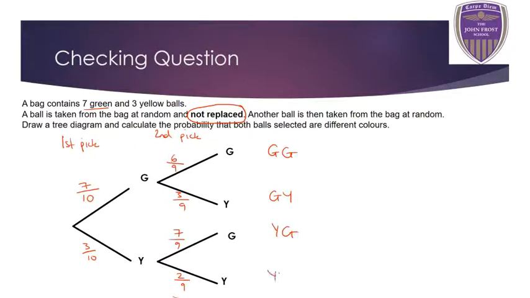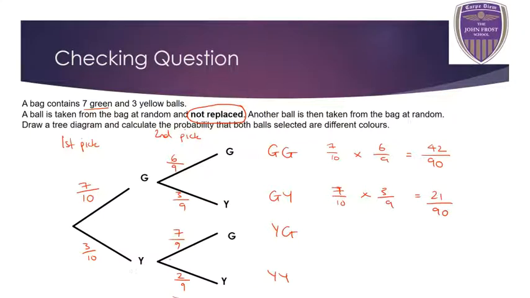But then after that, listing the outcomes is also done in the same way. So green and green, just follow the branches. That would be 7 tenths times 6 ninths. So 7 sixes are 42, 10 times 9 is 90. Green then yellow, follow the branches: green is 7 tenths, yellow is 3 ninths, so 7 tenths multiplied by 3 ninths is 21 over 90.